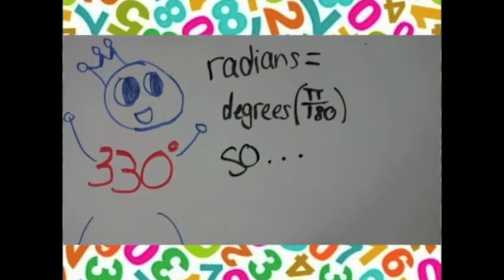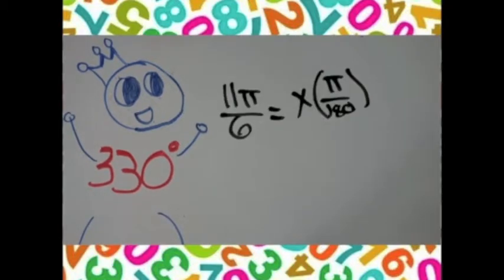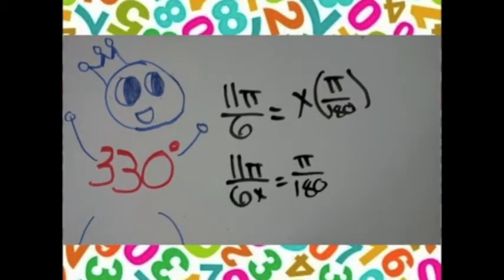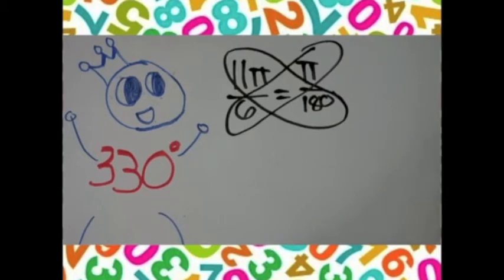So, 11 pi over 6 equals x times pi over 180. And then you cross multiply.